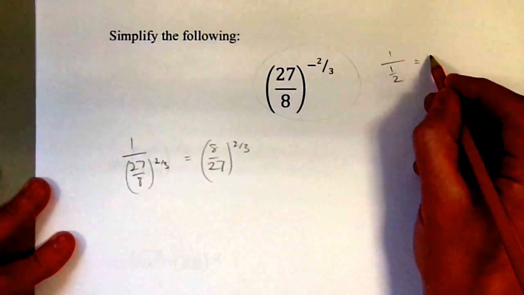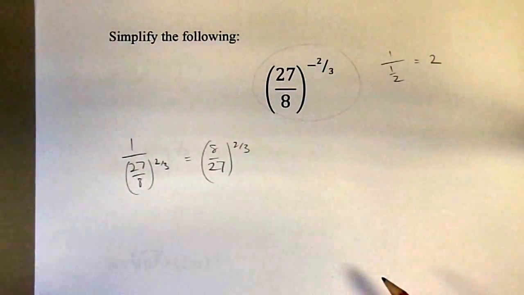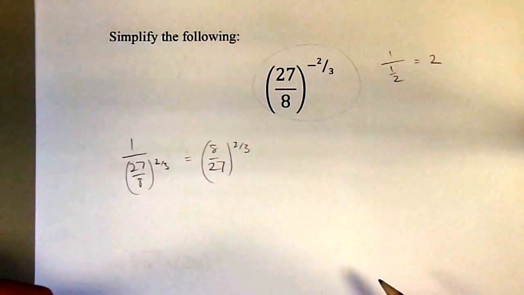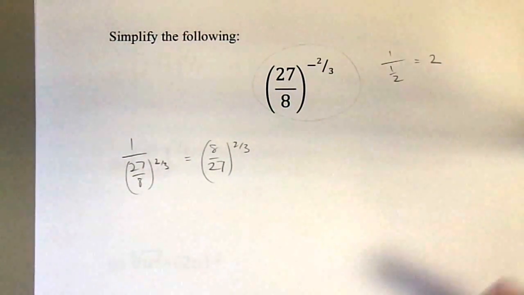One divided by a half is the same as 2. Same kind of thing going on here. 1 over a fraction is the same as the denominator flipped round.